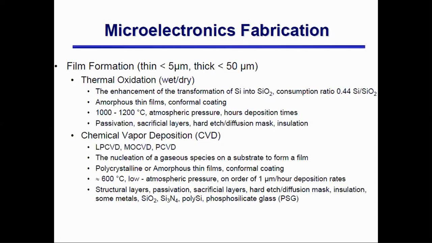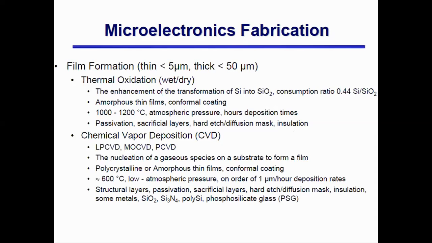If you want a thick layer, you have to keep the silicon wafer inside the furnace for a longer time. If you want a thin layer, then for less time. Normally these silicon dioxide layers on top of silicon wafers are used as a passivation layer, sacrificial layer, etch edge, diffusion mask, or as an insulation layer, etc.